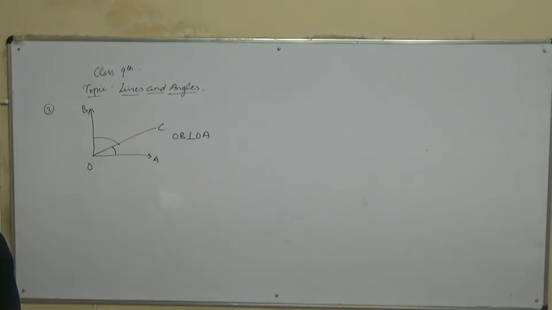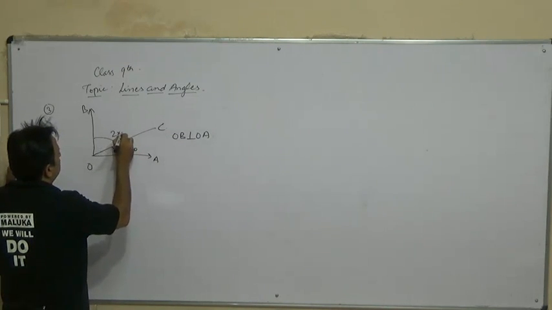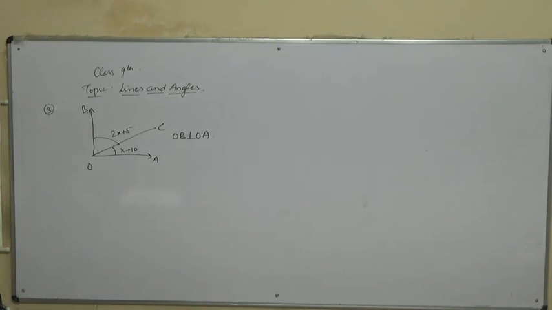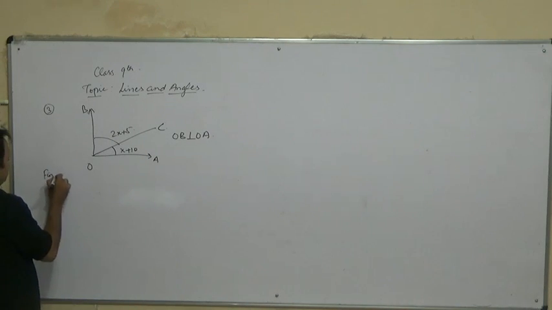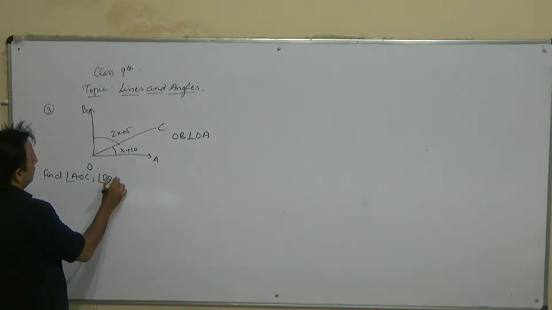Find the value of x and hence find AOC and BOC. We are given x plus 10 and 2x plus 5. This is your x plus 10 and this is 2x plus 5. We are given AOC and BOC in terms of x. So find angle AOC and angle BOC.